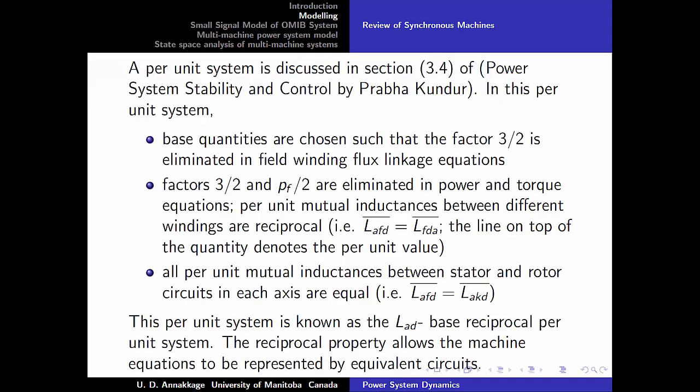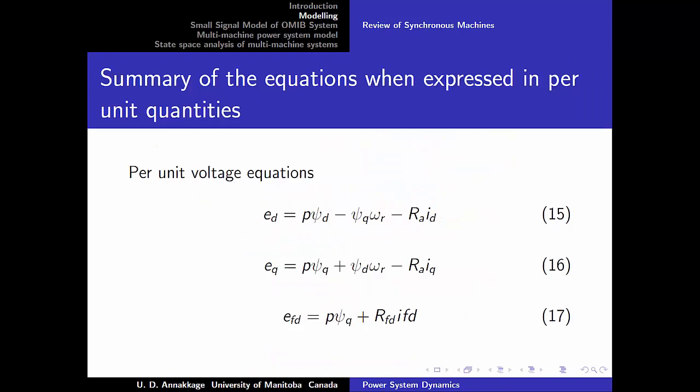I am not going to discuss the per unit system here. Students should refer to the textbook by Prabha Kundur and go through the numerical examples given in that textbook to understand the per unit system. So I am going to skip this slide and go straight to the resulting equations.